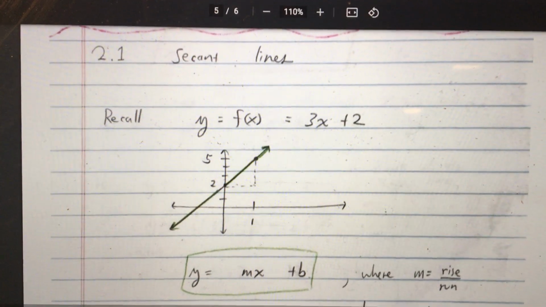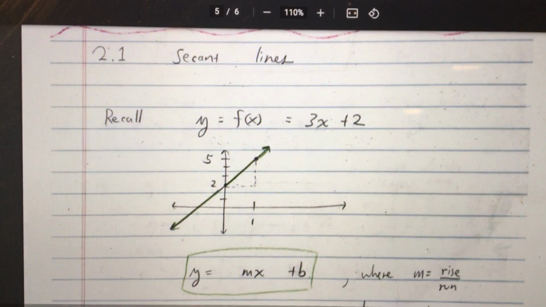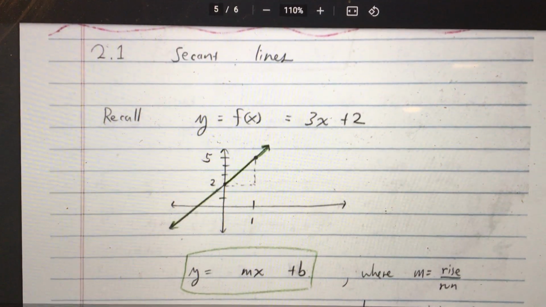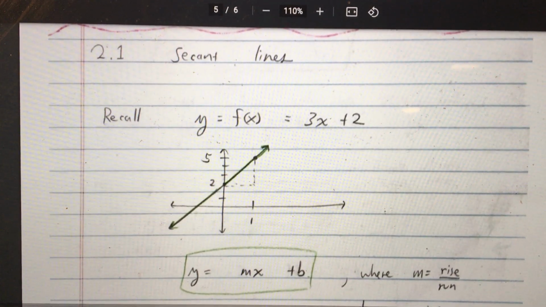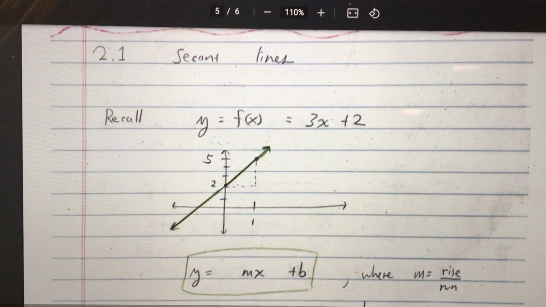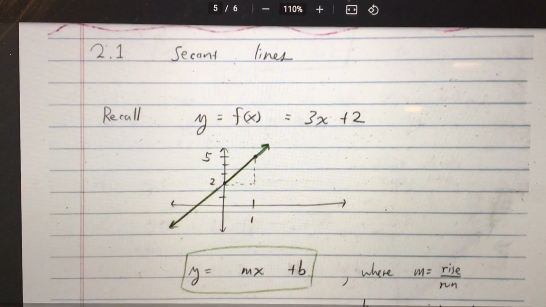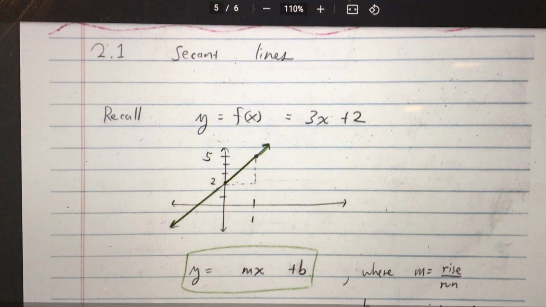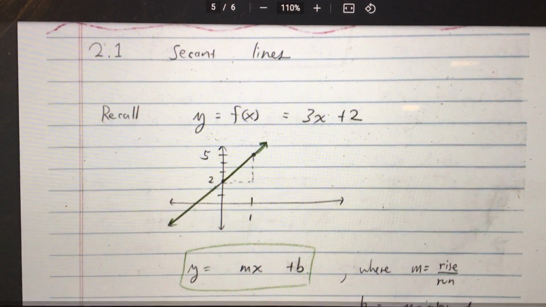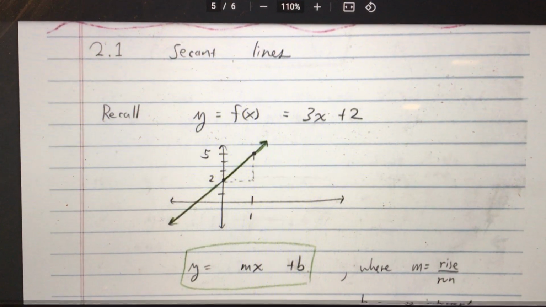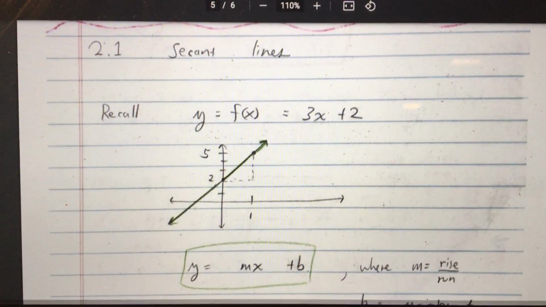Now for some lines. Specifically, we'll do secant lines, but I'll start with a quick review of the basics of graphing lines. So this will probably be familiar, but it's a good chance to review. So we're graphing a function, all the x values versus y values as dots.